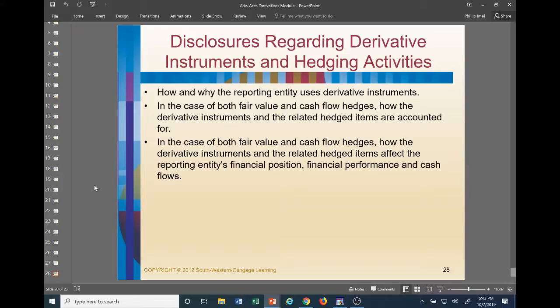Ultimately, Chapter 9, the module on derivatives, and Chapters 10 and 11 are what's going to cover our next exam, if I'm not mistaken. So once again, it's very important. Please get a good grasp on these concepts.